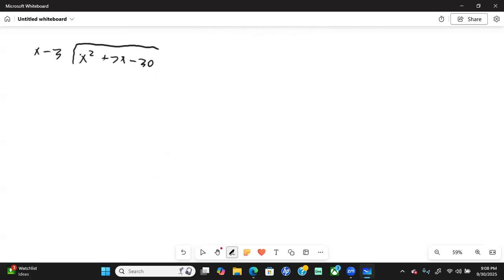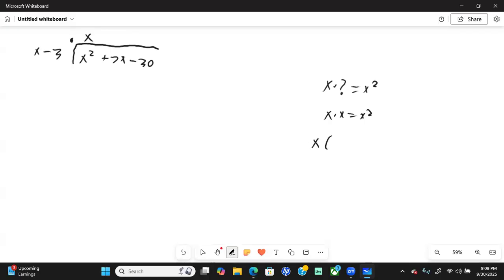So remember, I'm multiplying right here. So let's pretend like the 3 does not exist right now. X times what number is x squared? Well, x times x is x squared. So I put that here.